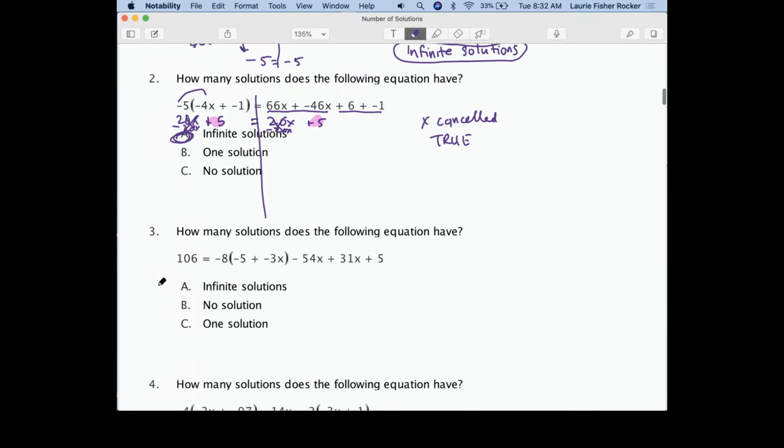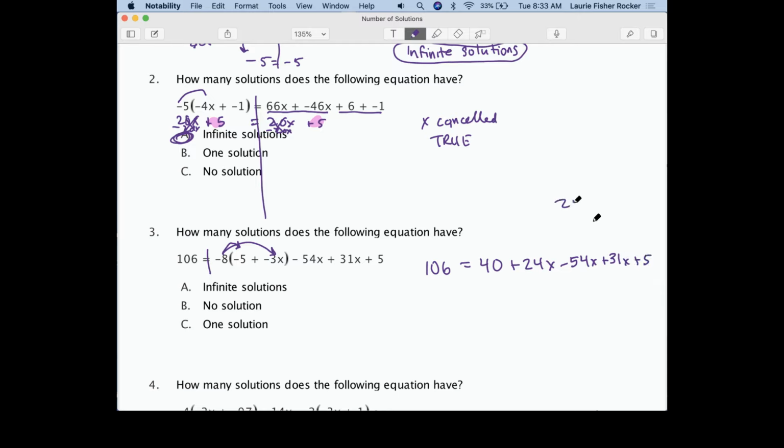All right, let's look at this next one. So I've got 106 equals. Wow, that's a lot. Okay, so I'm going to bring it to the side so I have more room. Negative times negative is positive 40 plus negative times negative is positive 24x minus 54x plus 31x plus 5.